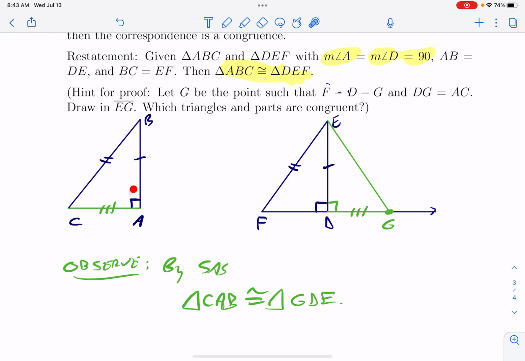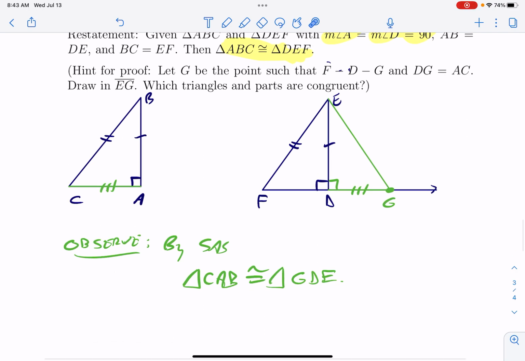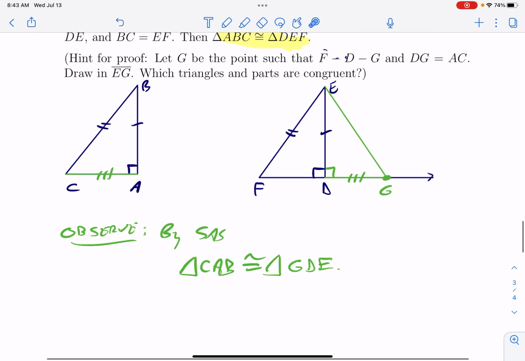Two sides and the included angle match two sides and the included angle. Okay, so what does that tell us? Well, then we can use CPCTC.